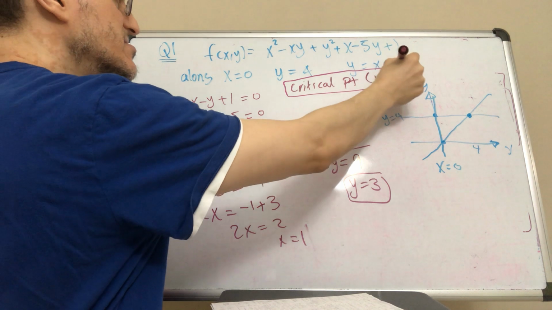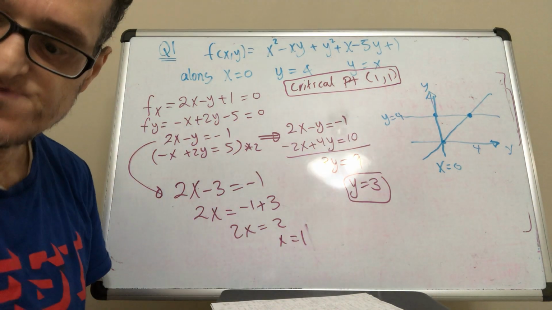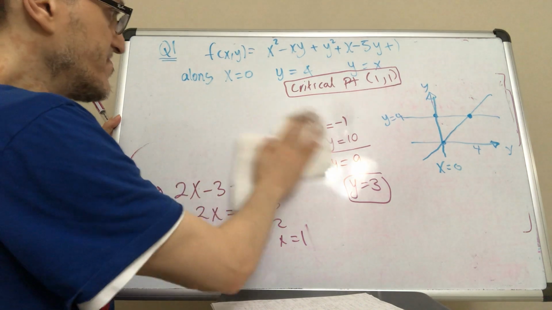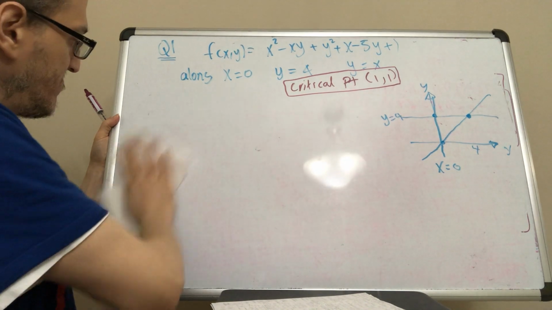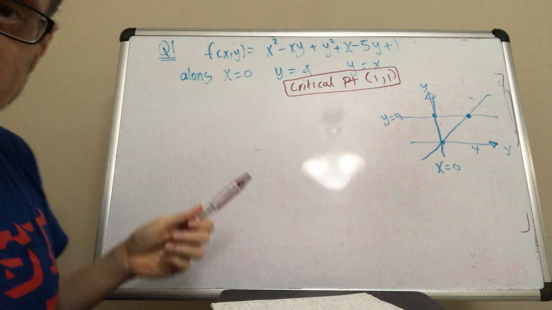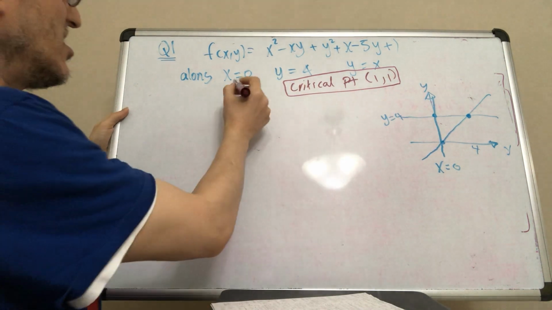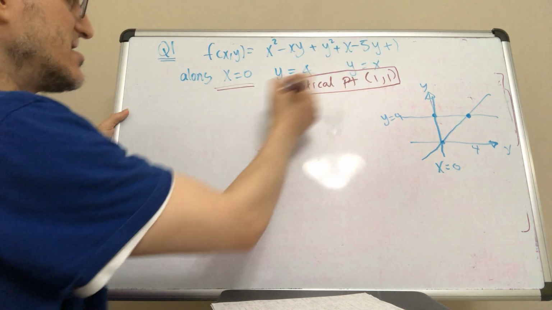So this is my critical point. After you do the critical point, you need to find other points. The other points are the points along the line. So along this line, and this line.